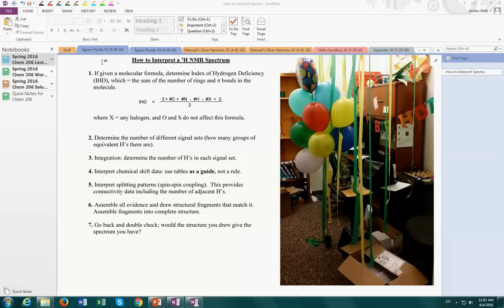An electronegative atom nearby can withdraw electron density and de-shield a proton, so we see it shifted downfield. We also talked about the anisotropic effect, which has a bit of a role. And finally, splitting gives us information about what's next door to our protons in question. If we see a triplet, the N+1 rule tells us there are 2 neighboring protons. That's extra information that allows us to put some pieces together.